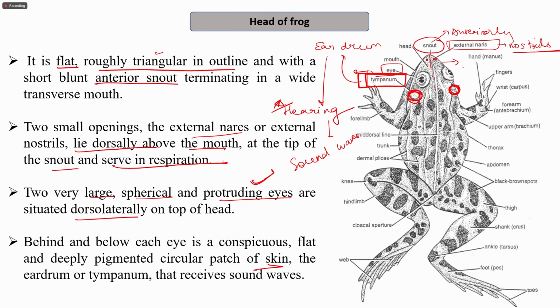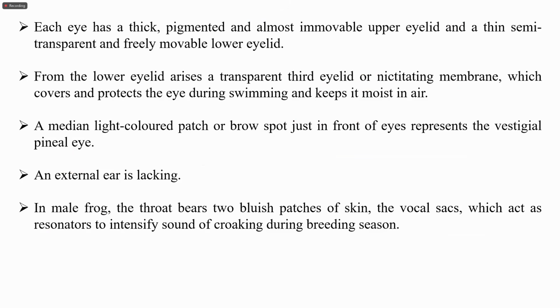They have two external openings, external nares or external nostrils, that help in respiration. Now, if I talk about the eye, each eye has a thick, pigmented and almost immovable upper eyelid.